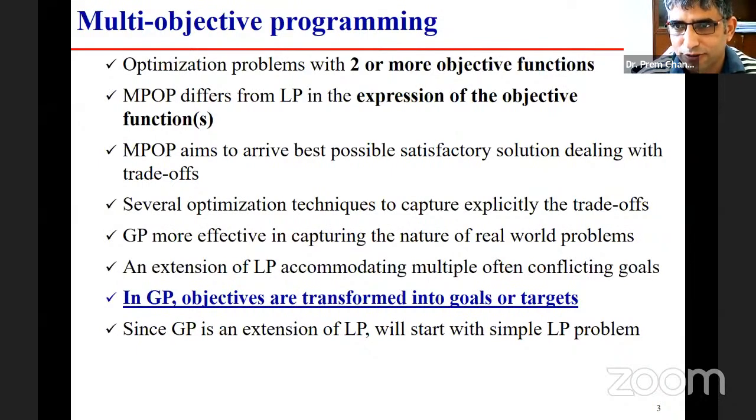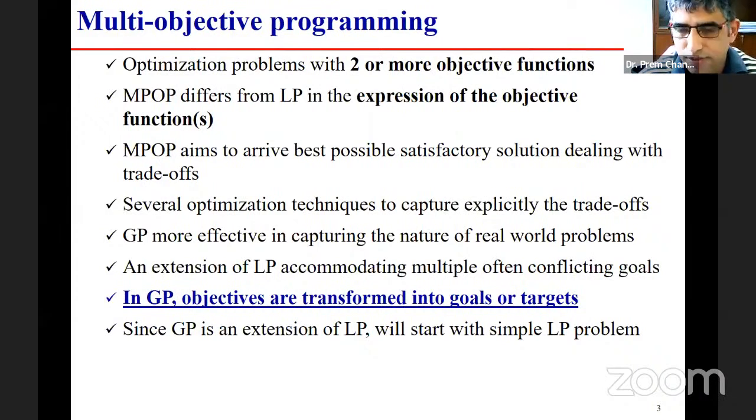We solve it through a different method. Here we do not find a rigid or single solution. We try to get the best possible satisfactory solution that depends on our desire, what we want.